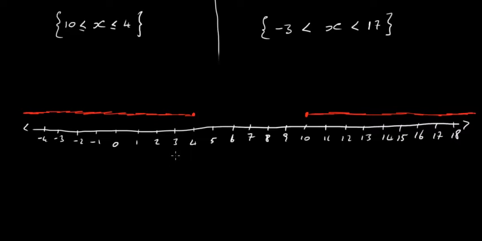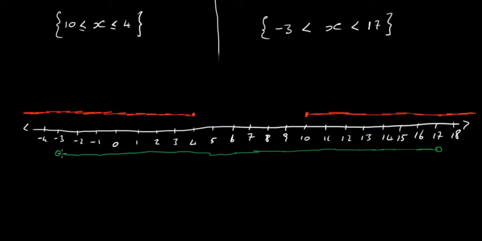Normally you'd put a circle around it because you don't want to include it. And it's going to be everything up along here, but it has to be less than 17 as well, so it's going to be from here to here. Again, we put a circle here at 17, and we go all the way down along here to minus 3. So this is the solution on the right.